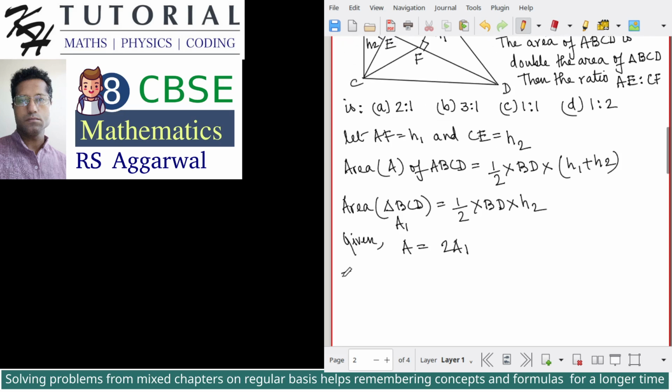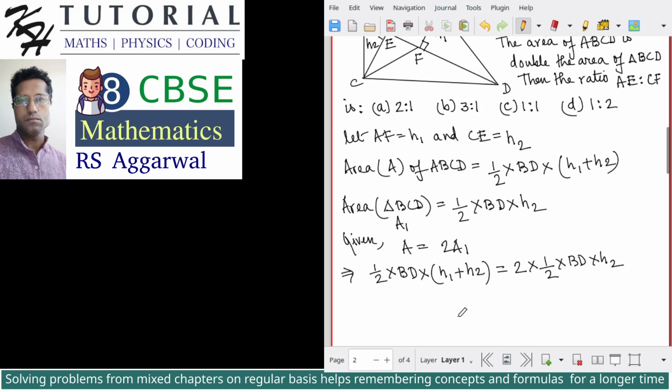Now this implies, what is A? A is half multiplied by BD multiplied by H1 plus H2. And what is twice A1? A1 is half multiplied by BD multiplied by H2.